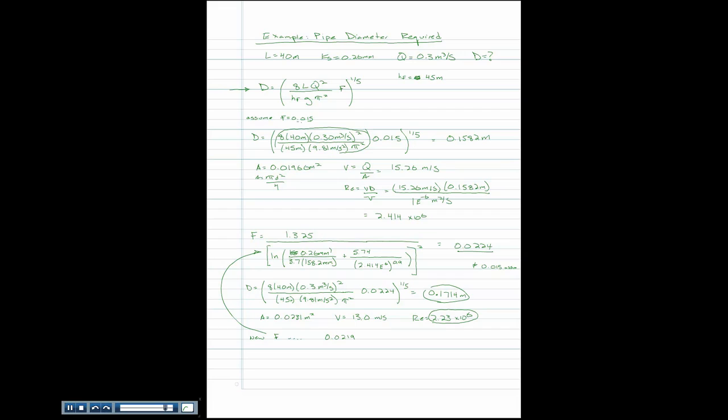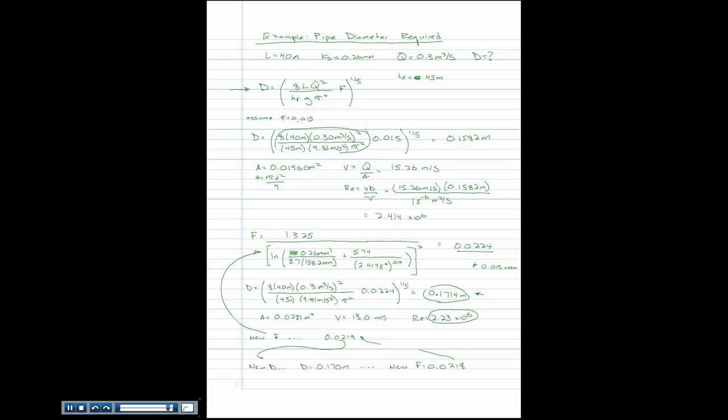So if I go through the process again, if I put that into a new D, then the diameter I'd get there is 0.170 meters. You can tell that the diameter hardly changed from the previous diameter, and that's going to lead to a new f of 0.0218, and that's essentially converged. We haven't changed from the last guess f value that we put in.